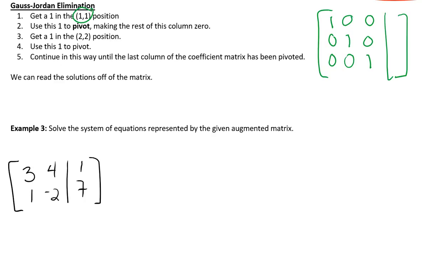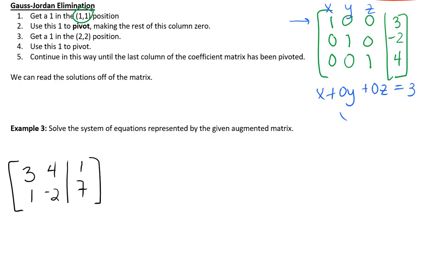The reason that this is helpful is, say you have a system and you simplified it down, so we have a diagonal matrix with 1s on the diagonal, zeros everywhere else, and let's say that you have a 3, a -2, and a 4. Well, what this tells us then is that if we read across the first row, and let's say that this is x, y, and z, the first row tells us an equation, x plus 0y plus 0z equals 3.